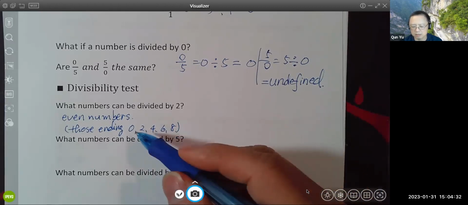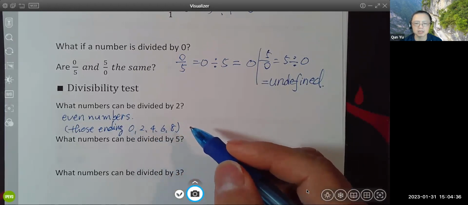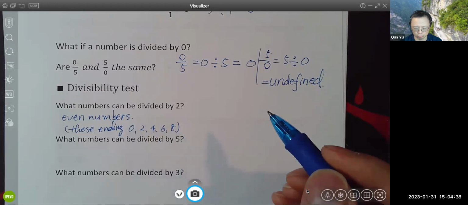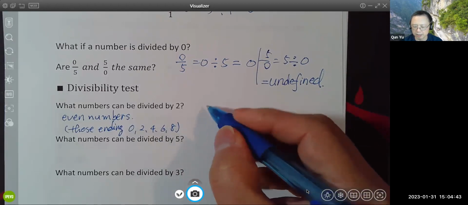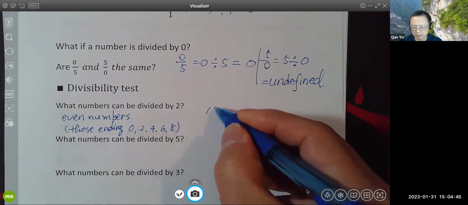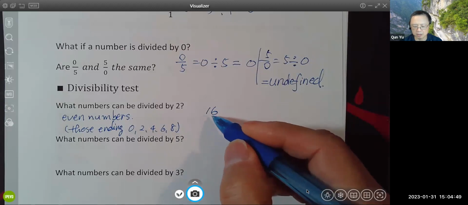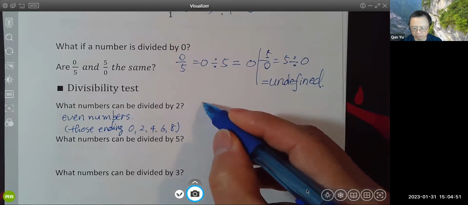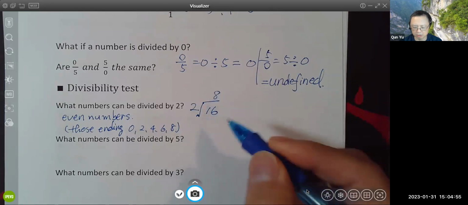The reason even numbers can be divided by 2 is that all of those even numbers are multiples of 2. Take an example. Say we have 16. 16 is an even number, and 16 is a multiple of 2. How do we do that? We just divide it by 2. 16 divided by 2 is 8.